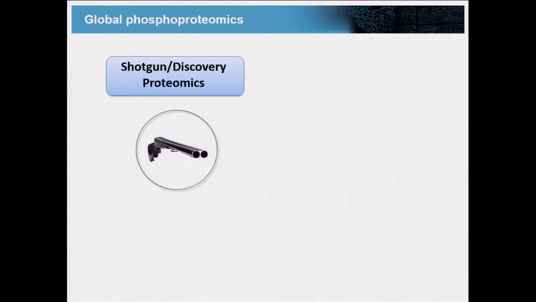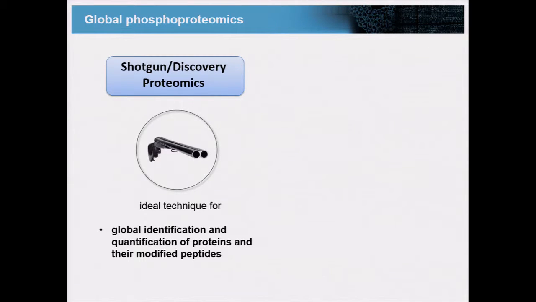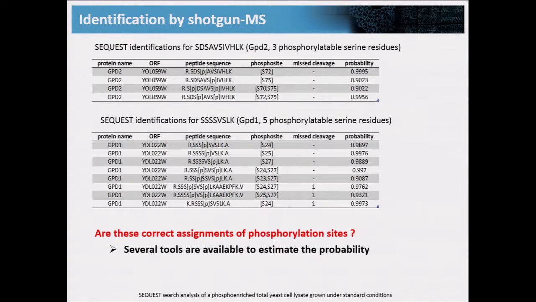So quite often when we do phosphopeptides, we start from a global phosphopeptide experiment. We do a shotgun discovery type of experiment, and this has been ideal and has been extensively developed to do global identification and quantification of the proteins, of the PTMs, and so on. We come out with a very, very big list. And what you've probably noticed, if you've done phosphoproteomics, is you come up with a list.